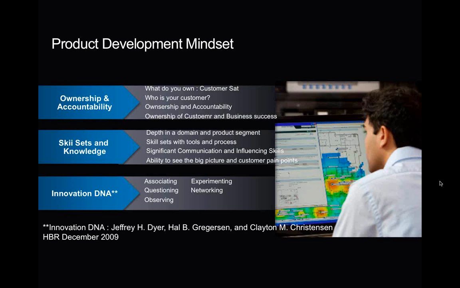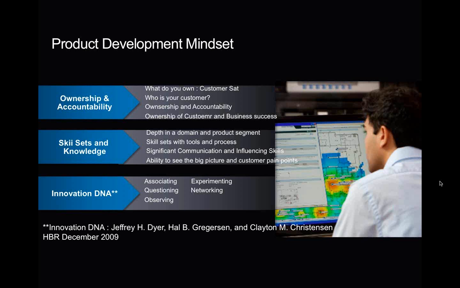The second aspect is skill sets and knowledge. I'm sorry, I just see that there is a typo on the slide. The second bullet that you see there is skill sets and knowledge, right? Now, breadth is important because you get something called association through breadth, and we'll talk about that.